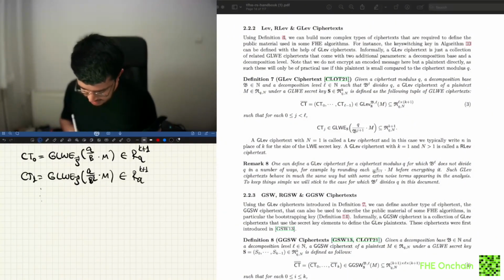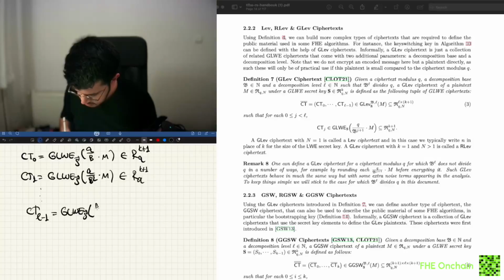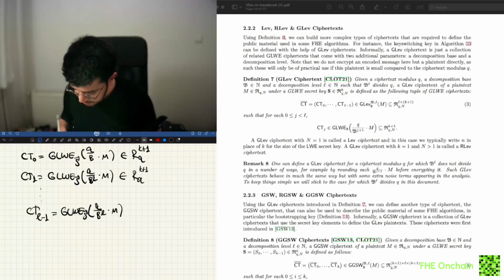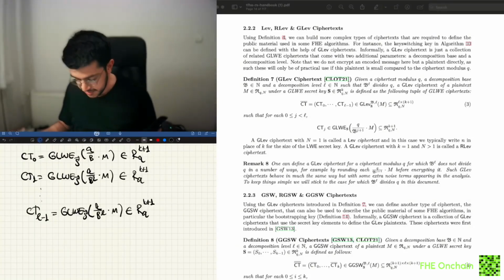And at the end, CT L minus 1 is equal to the GLWE encryption under the secret key S of Q over B to the L times M, because we're adding L minus 1 plus 1, so we have L, which is another element of our ring, or vector space, let's say.